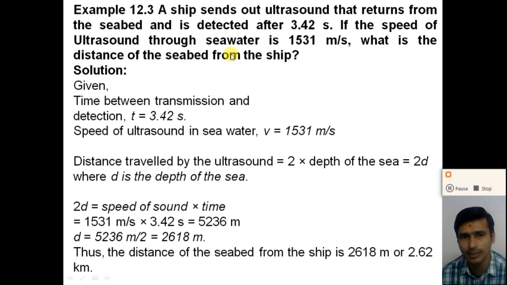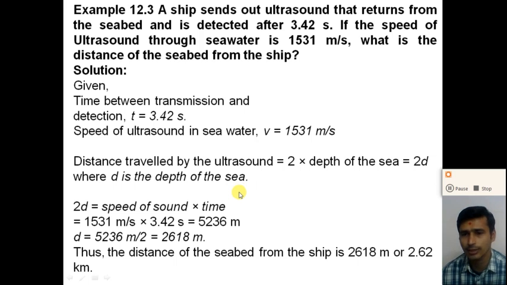Speed of the ultrasound through the seawater is 1531 meters per second. Now the distance traveled by the ultrasound in the sea is twice the depth of the sea. So we take a distance 2d, where d is the depth of the sea, right?